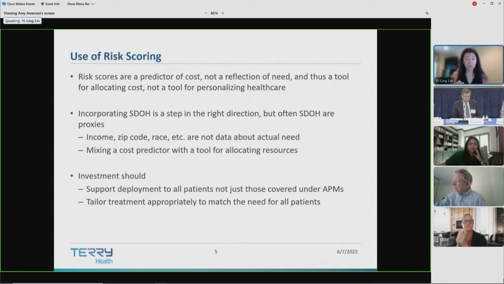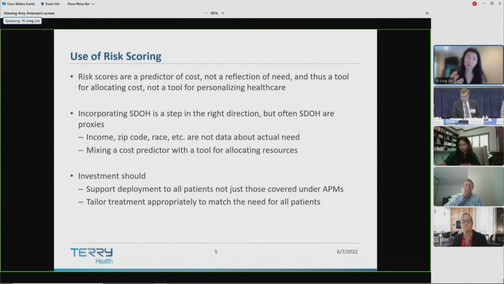So for example, a risk score for a woman who is currently pregnant is actually pretty high for the current year because we know she's going to have some claims this year, right? But next year, that risk score should come down. And that's the way a risk score works. It is based on cost, but it's not actually based on that person's health need.